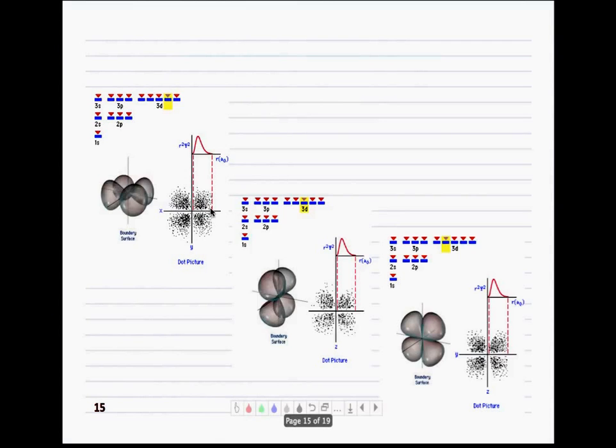Here is the first nodal plane, here's the second nodal plane. This is 3d, this is one of the MLs. This is the second orbital. This is the third orbital of d. Okay?